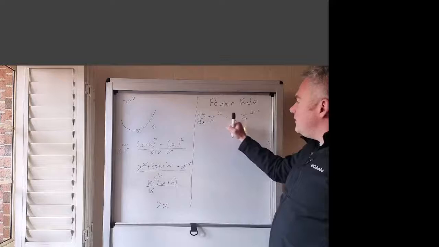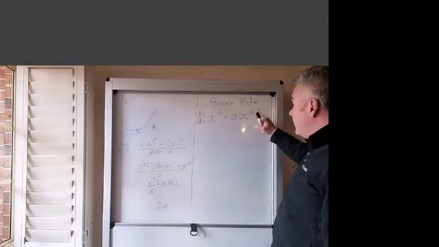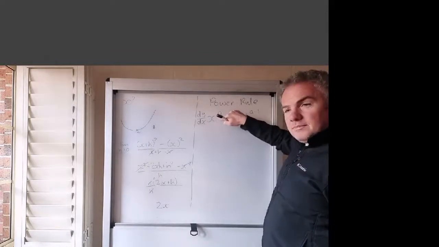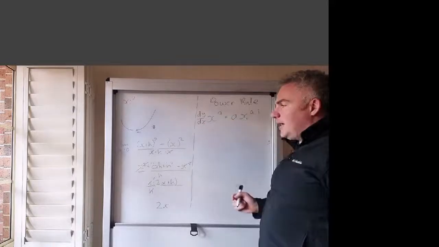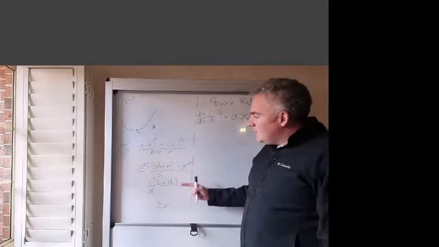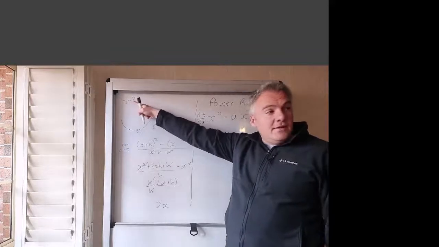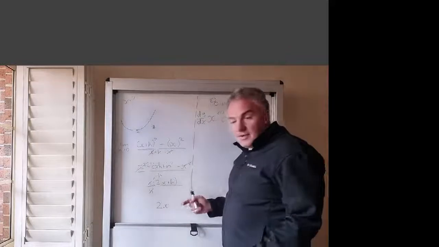Whatever a is, you times it by the coefficient in front of x, and then you take 1 off the power. Take the index, times it by the coefficient, take 1 from the power. So here we had an index of 2 for our x squared. We took 1 off 2, we got 1. And we have 2 lots of x to the 1.